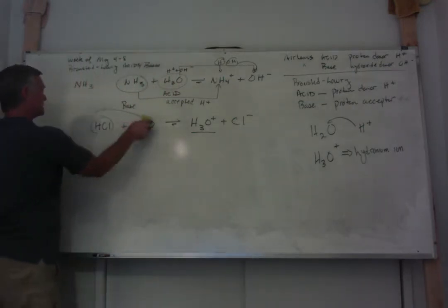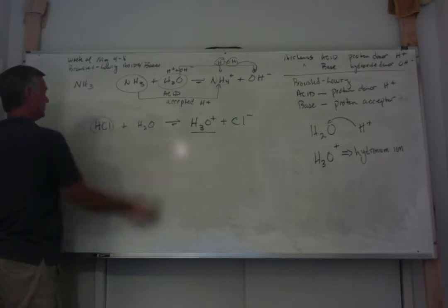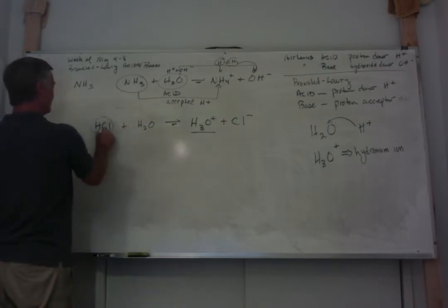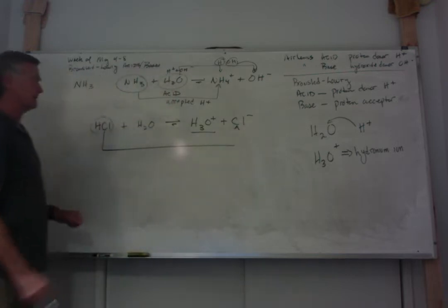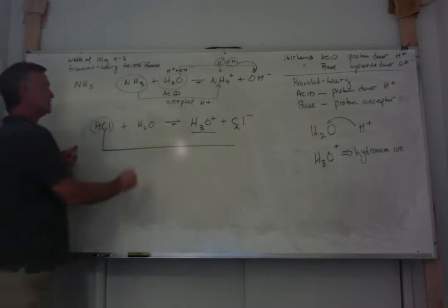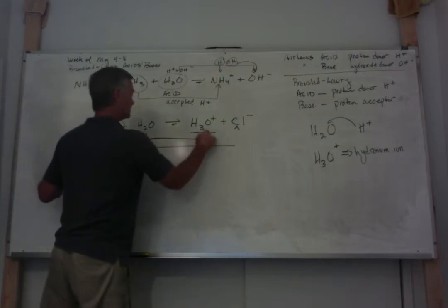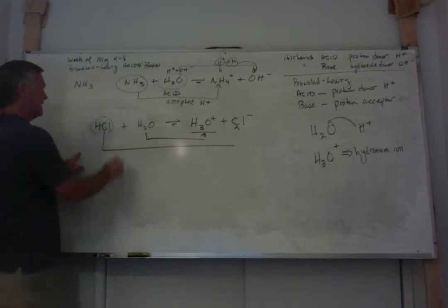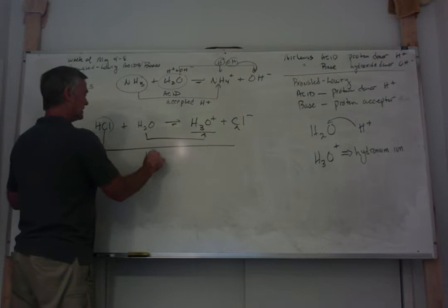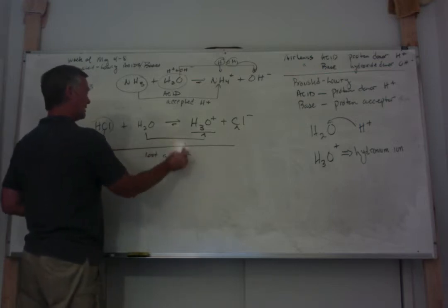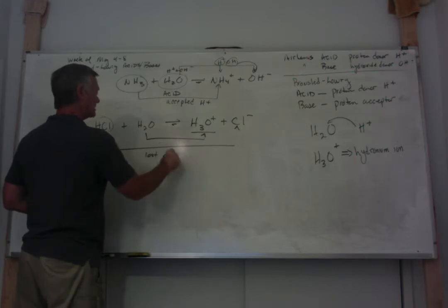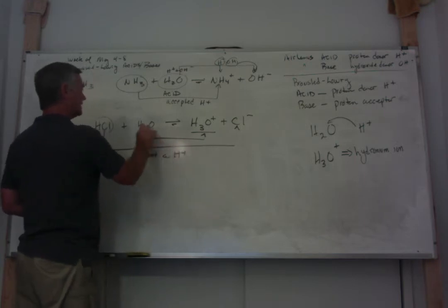So in this reaction, I want you to see what happens. HCl became Cl-, and H2O became H3O+. How did each happen? HCl lost an H+. H2O gained an H+.